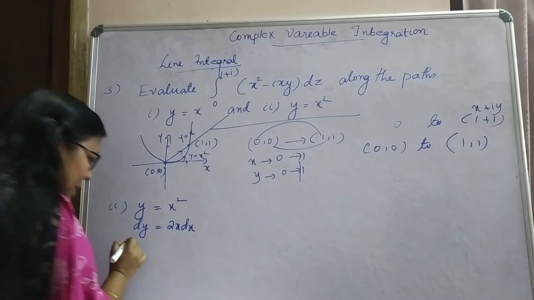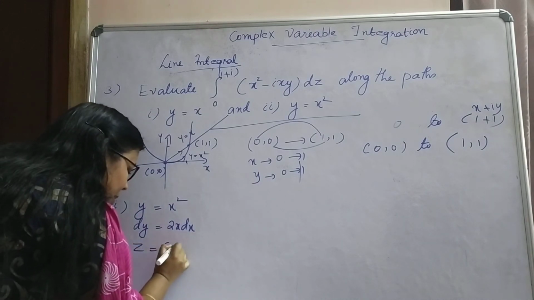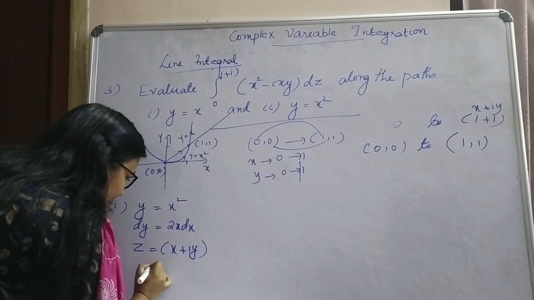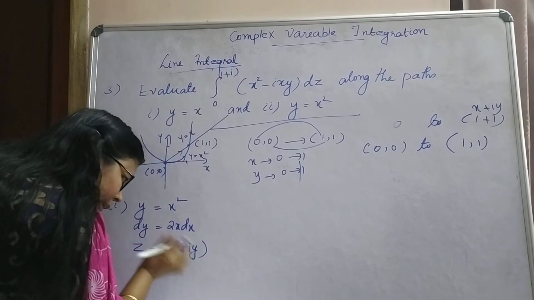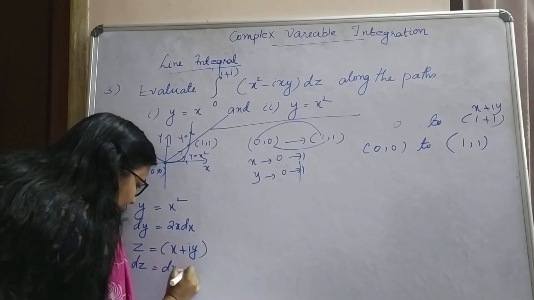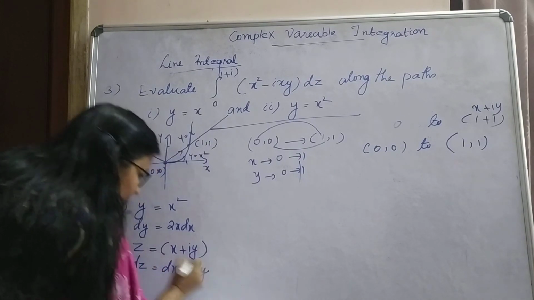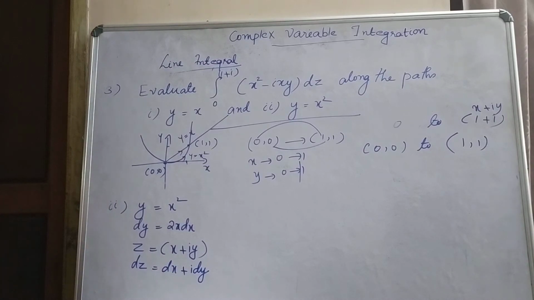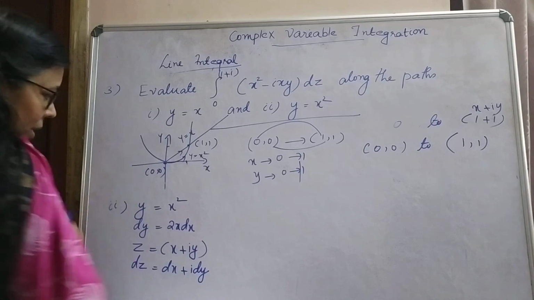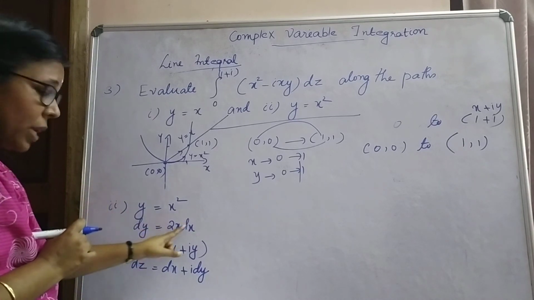Now we know that z equal to x plus iy. Taking derivative on both sides, dz equal to dx plus i dy. Here it is given as y equal to x square, therefore dy is 2x dx.